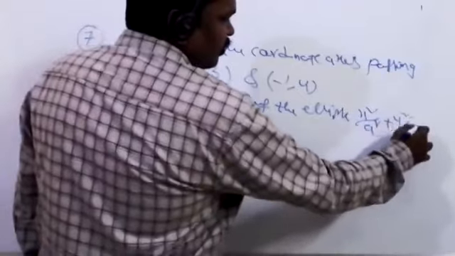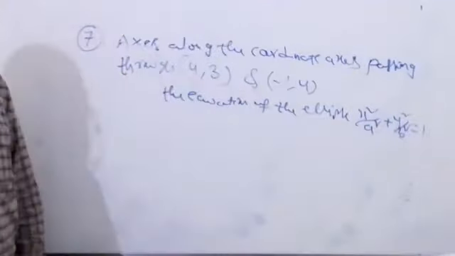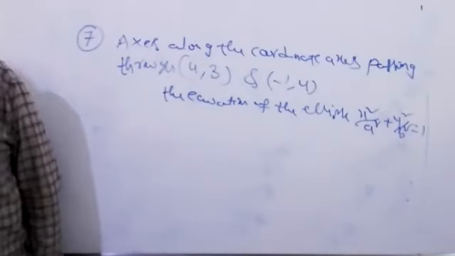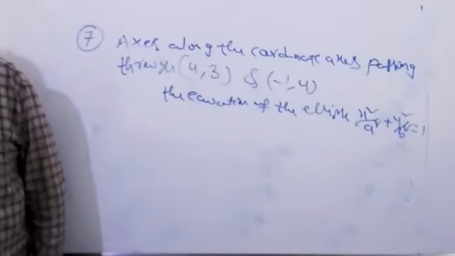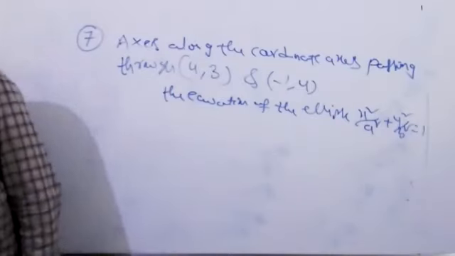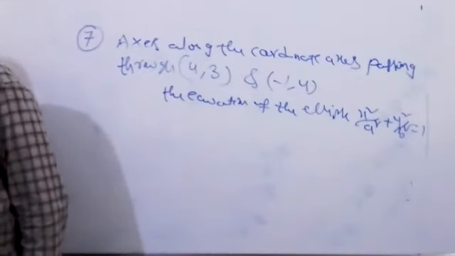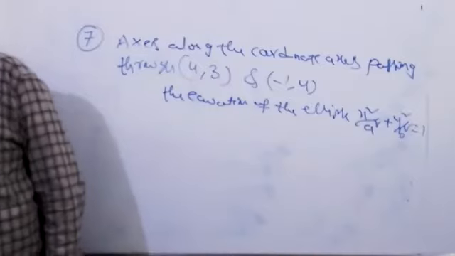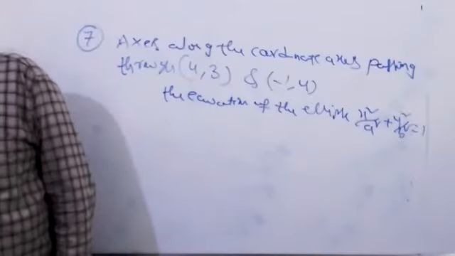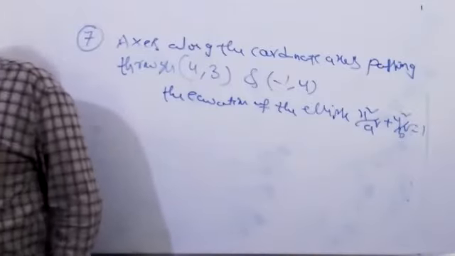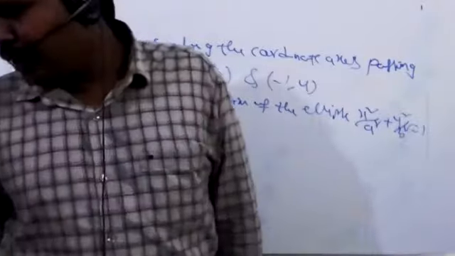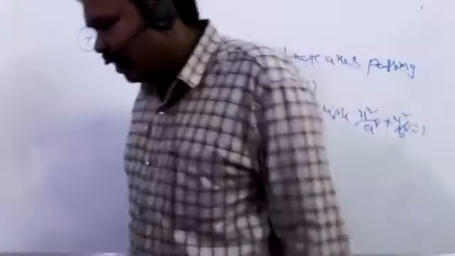Sir, you should take the concept of a square greater than b square, and you can decide the equation. A square is greater than b square. I'll check the concept. X square by a square plus y square by b square is equal to 1, then a is greater than b.